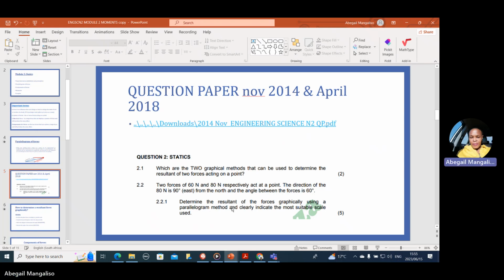Determine the resultant of the forces graphically using the parallelogram method and clearly indicate the most suitable scale used. For a scale, you can use the given values, or you can sketch a bigger diagram.